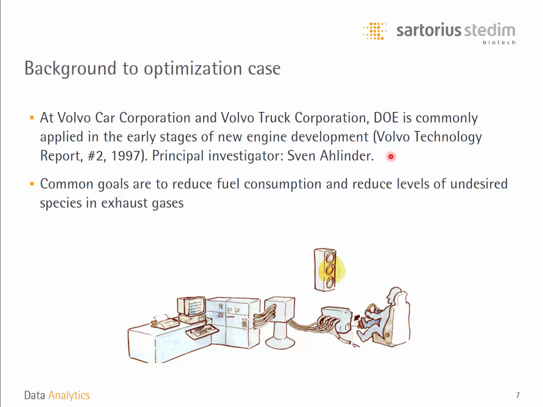Sven is working within the Volvo organization, and within the Volvo Car Corporation and Volvo Truck Corporation, DOE is commonly used in the early stages of new engine development, and very common goals are to operate the engines in an environmentally friendly manner, meaning that it is important to reduce fuel consumption and also reduce the level of undesired species in exhaust gases.